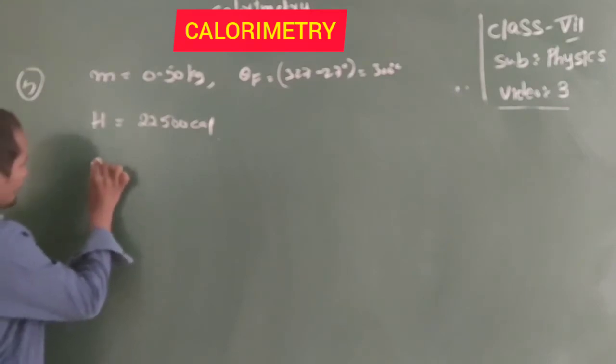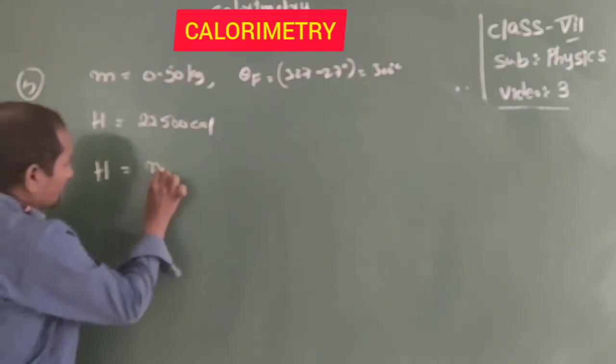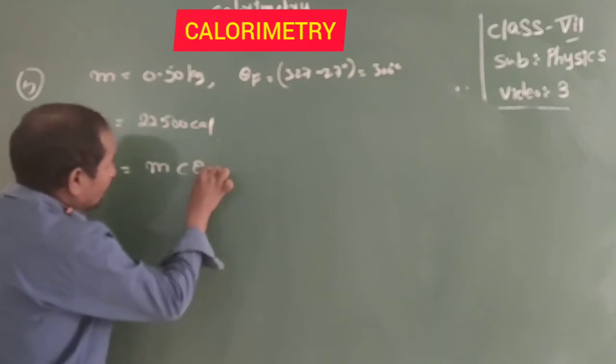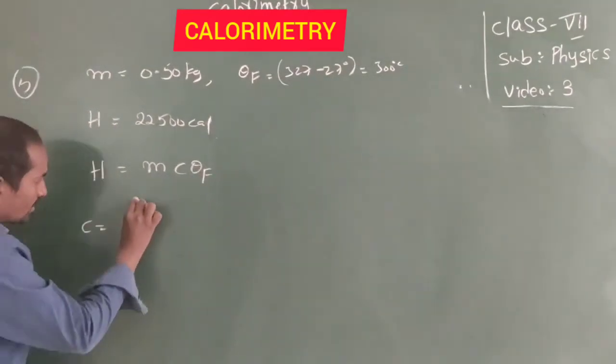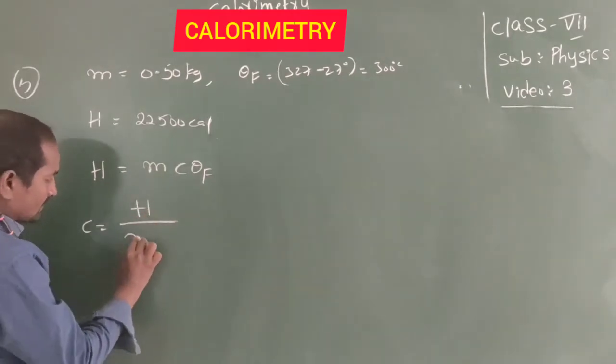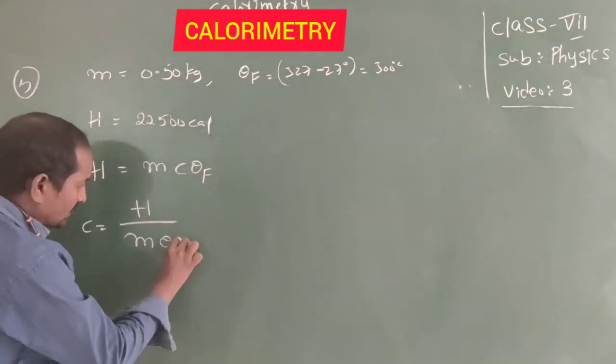Here we know that H equals m into c into theta f. From this equation we can write c equals heat energy by m into theta f.